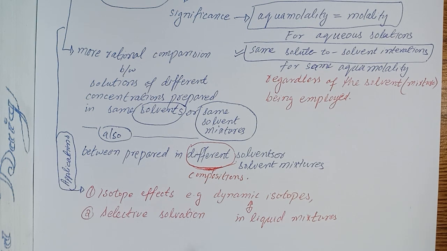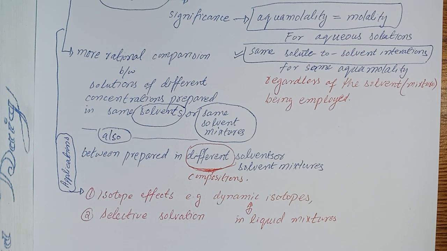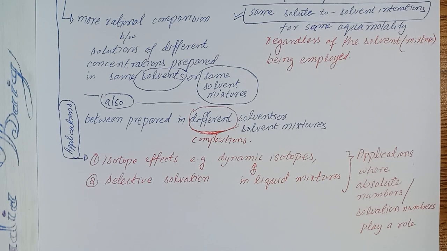Also, the phenomenon of selective solvation can be better understood using this scale. In all such cases where absolute numbers, for example, solvation numbers, play a role in the solution. So this concentration unit is specifically applicable where absolute numbers, for example, solvation numbers, play an important role in describing the properties of the solutions.